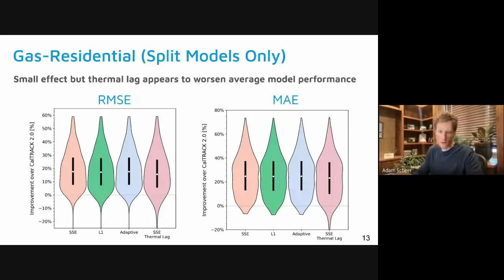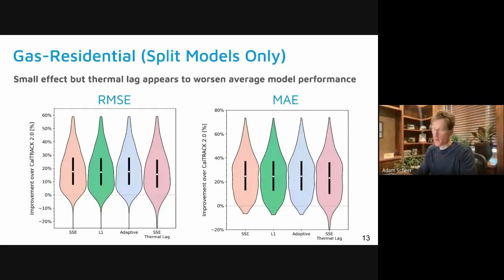So when we're looking specifically at the test samples, where we're in a predictive kind of scheme and looking at model performance on data we have not seen before, we're seeing that the thermal lag parameters are inducing some degree of overfitting, worse model performance.